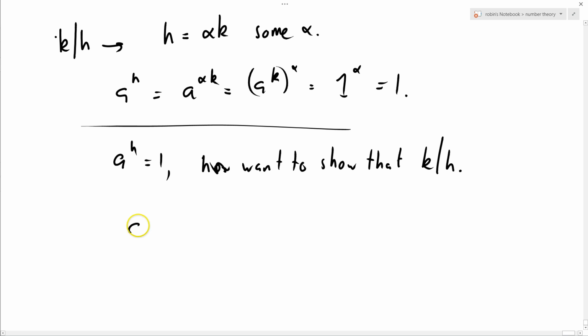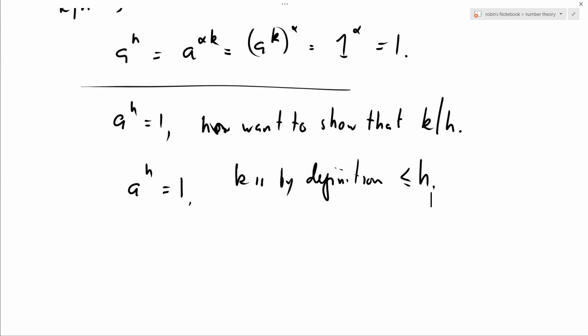Well, if a to the power h equals 1, then k is by definition less than or equal to h, because k is the smallest such power. So we can write h equals alpha k plus r, and further we can arrange that r is in the range 0 to k, just by considering h modulo k.